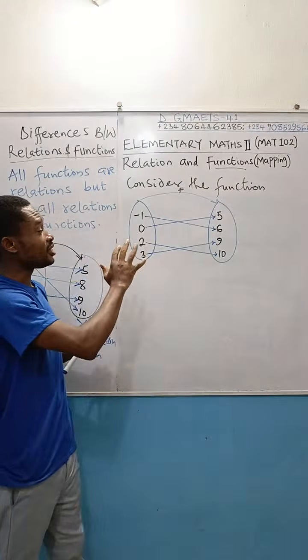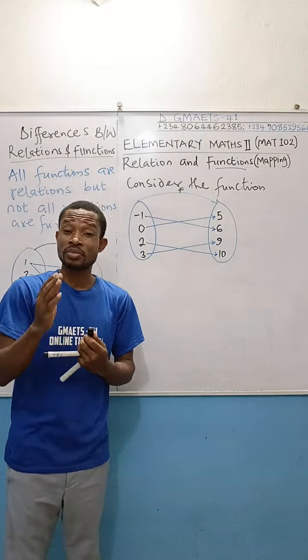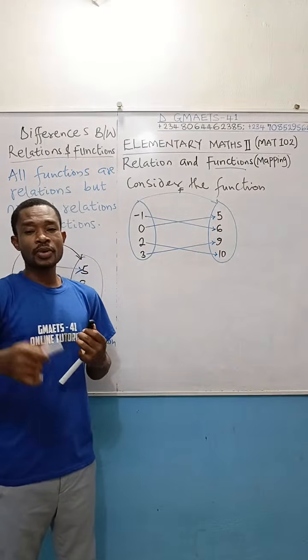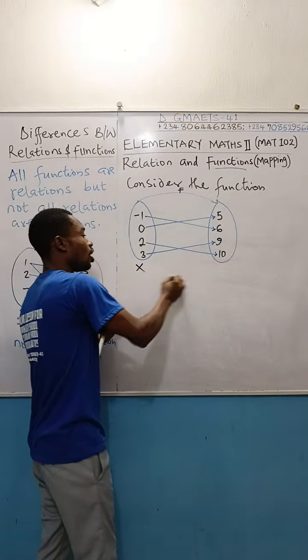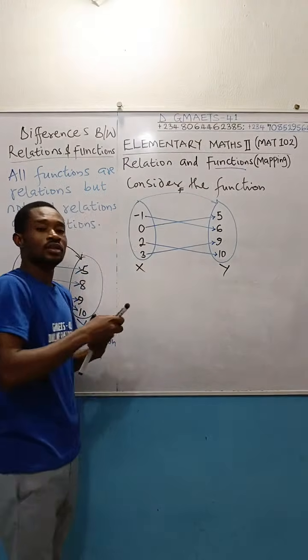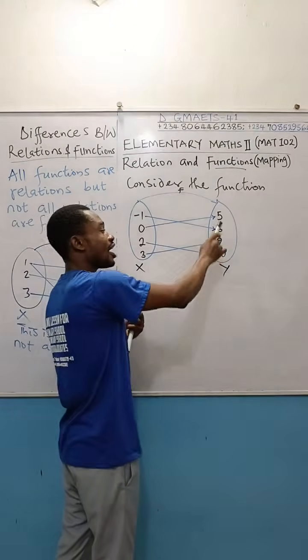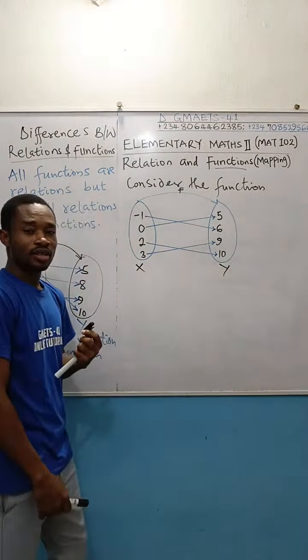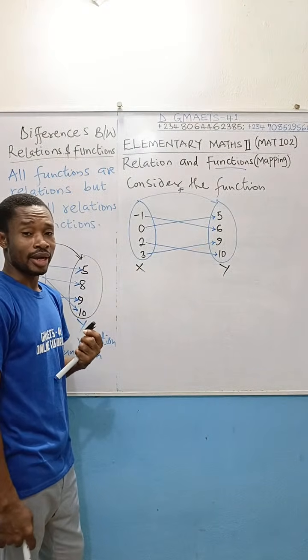This satisfies all the conditions for a relation to be a function. For example, you notice that all the elements in the domain were marked. All of them have a value assigned to them from the codomain.